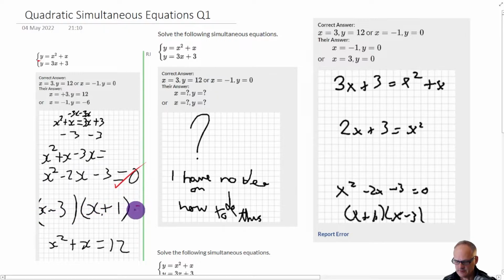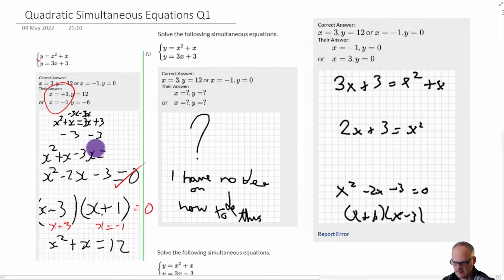They've done their factorization correctly, and they managed to identify their x's. What they didn't know was they had to put their x's in to find y. So they didn't show the working down here. They've done some more strange stuff down here. They didn't show that x equals 3 here, and therefore this one gives you x equals minus 1. And that would improve their working.